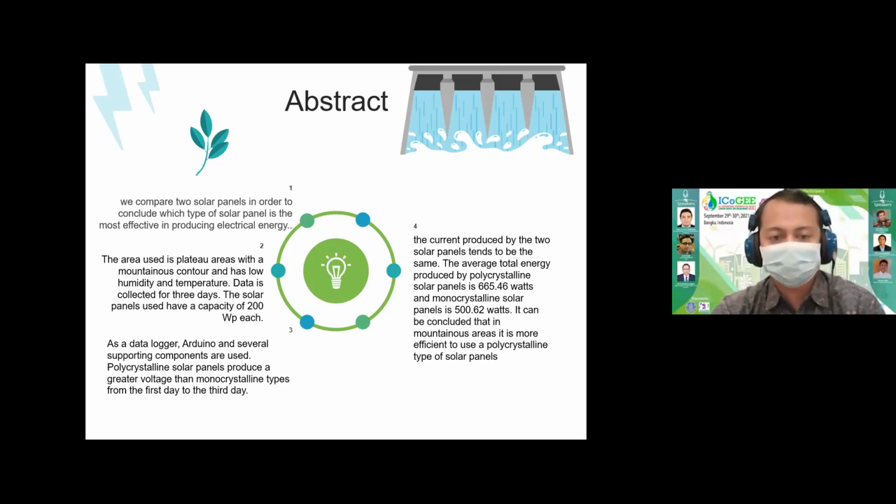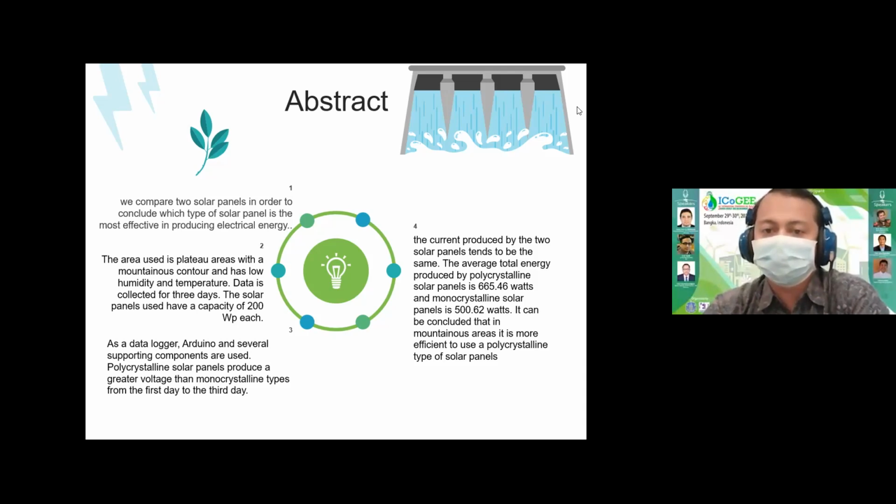Polycrystalline solar panels produce a greater voltage than monocrystalline type from the first day to the third day in the mountain areas. The current produced by the two solar panels tends to be the same.